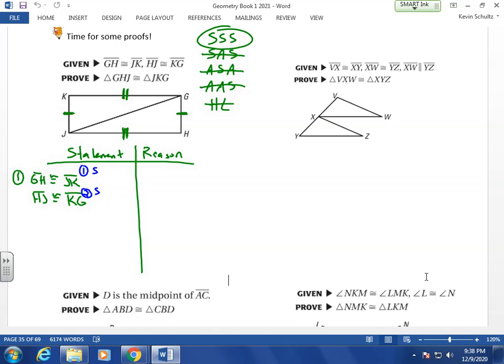So then I look at this and I say, okay, the third side of each of these triangles is this side that they share down the middle. And remember earlier when we were talking about all the different properties, transitive, symmetric, reflexive, I had you star reflexive, because even though we didn't really use it back in PO16, it comes up really big in triangles.